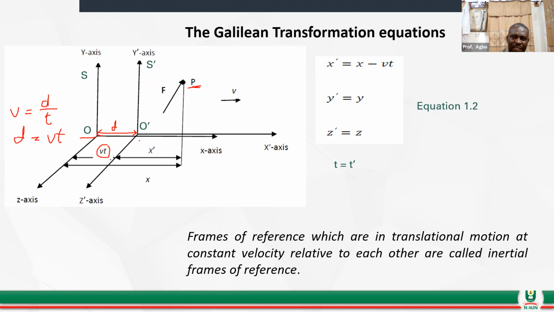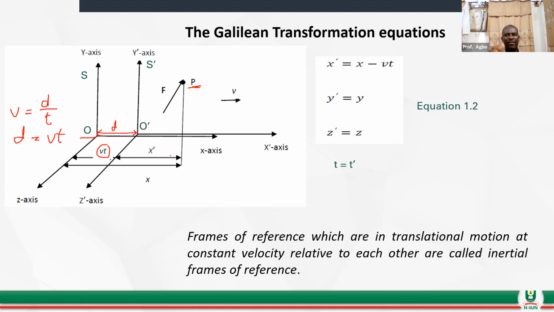Now, an object is in the frame that is moving. The distance between the object and the observer O prime is X prime. That is because the measurement is along the X axis.